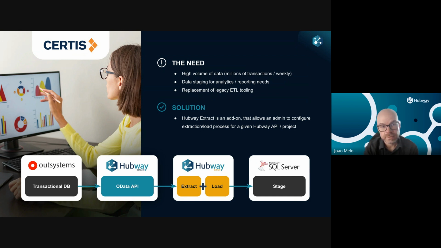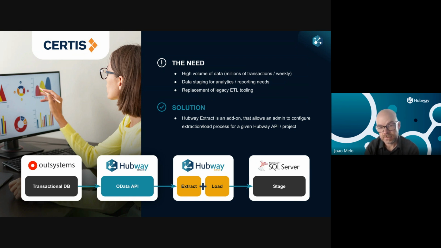And in our help center, we did a benchmark comparison where we're comparing in ramp-up scenarios and load testing scenarios. We compared the response times of Hubway Connect APIs against the raw APIs, the ones built by OutSystems.